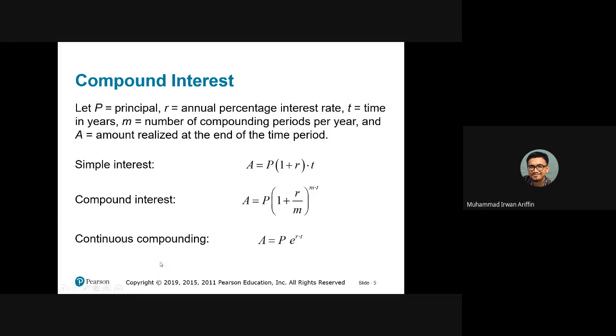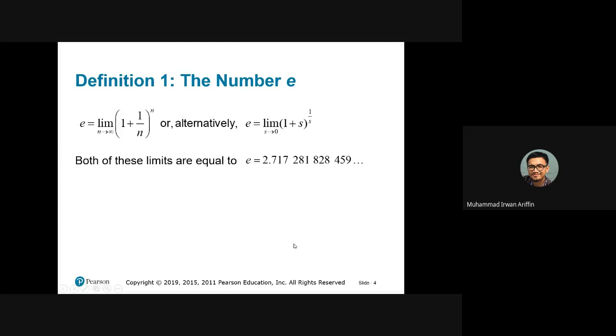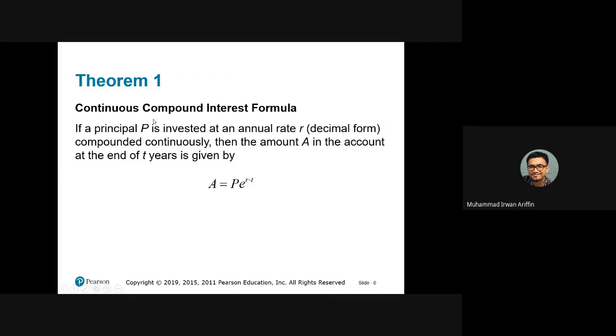And then we have continuous compounding, where your actual return is given by the principal that you invested, multiplied by the irrational number e to the power of R multiplied by T. If you resubstitute this e with the original equation, you will see that the definition really makes sense.